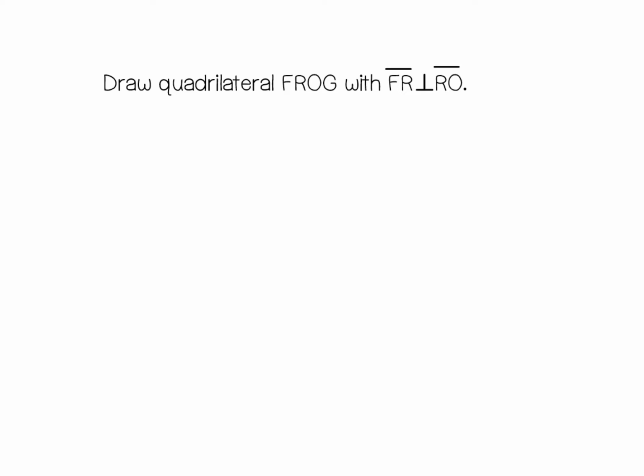All right, last example. Draw quadrilateral FROG with FR being perpendicular to RO. So I'm going to start with quadrilateral FROG, and I've got to label it. FROG with FR being perpendicular to RO, meaning we have a right angle.